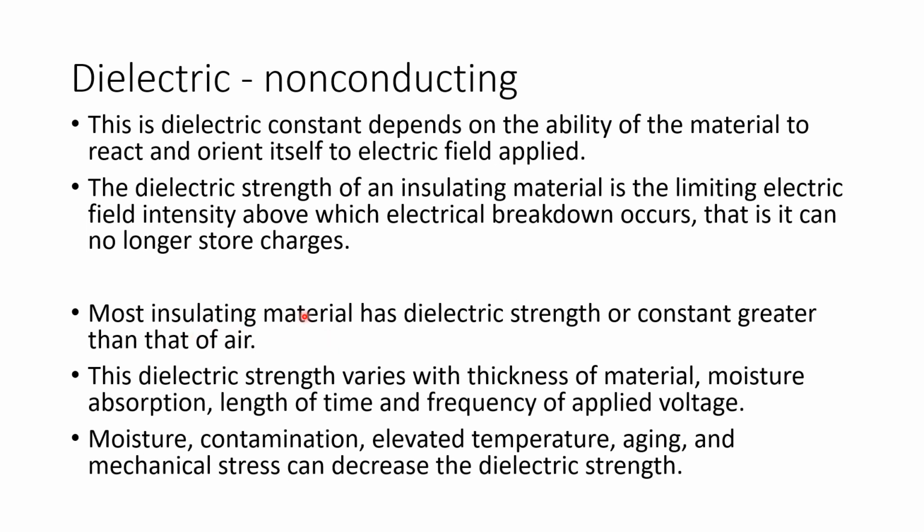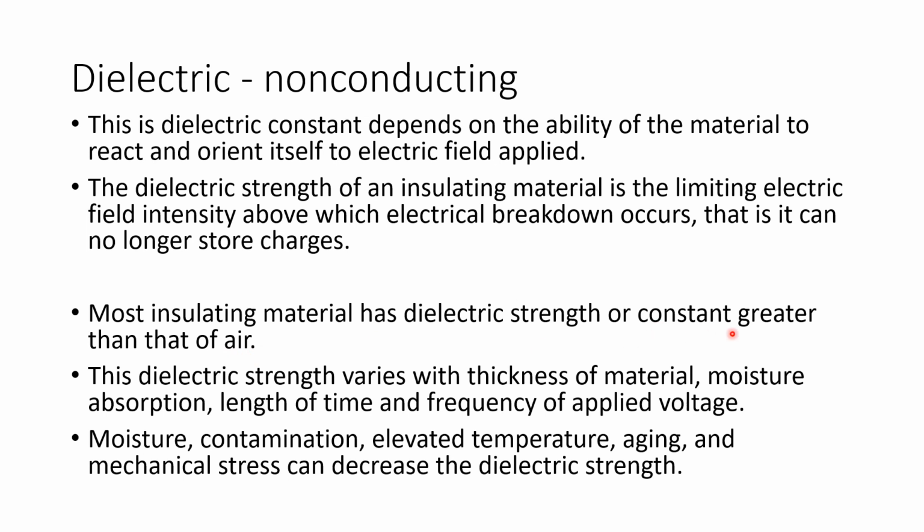Okay, so when you think about the insulating material, since we measure the insulating material by using the dielectric constant, we always have a dielectric strength, and that's your little number, the K number. Then we're going to compare with the dielectric constant of air.